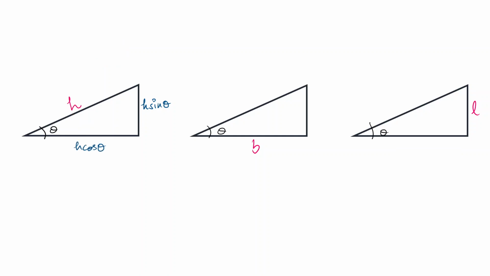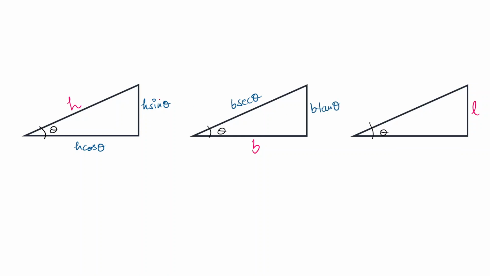So what about here? Take your time. What would be this length and this length? You can use cos theta, and cos theta will be base by hypotenuse, and hypotenuse will be b by cos theta, which will be b sec theta, right? And similarly you can figure out that this will be b tan theta.